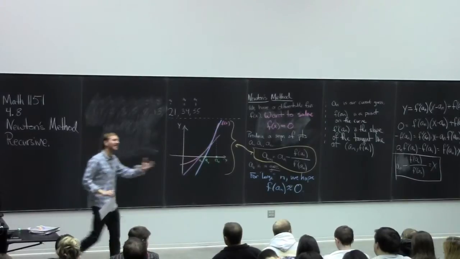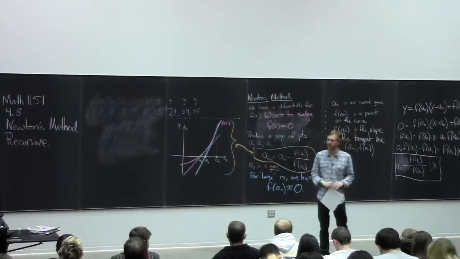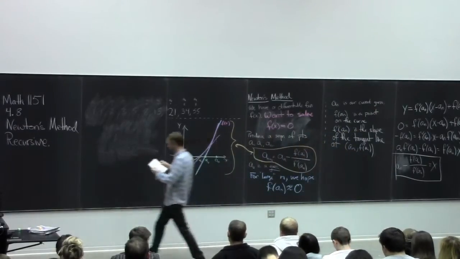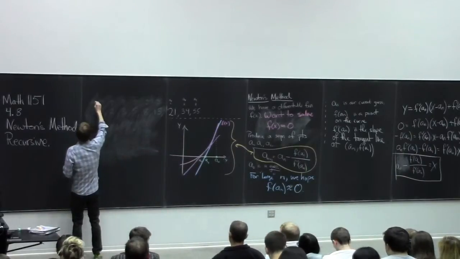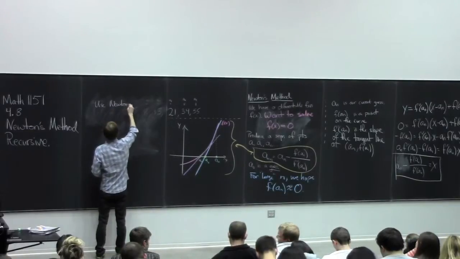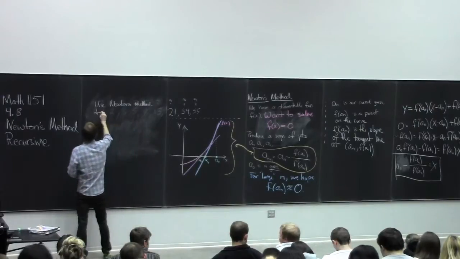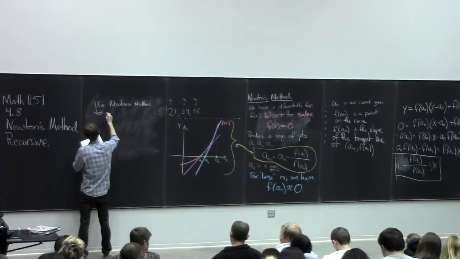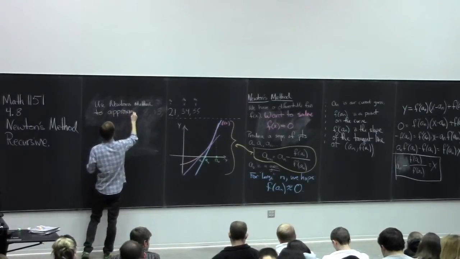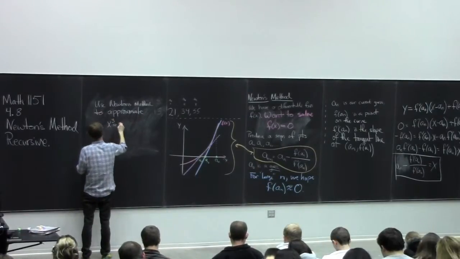So before, we estimated the cube root of 50 using a linear approximation. Do you guys sort of remember doing that? I only sort of remember doing that. Okay, so we want to use Newton's method to approximate x cubed equals 50.